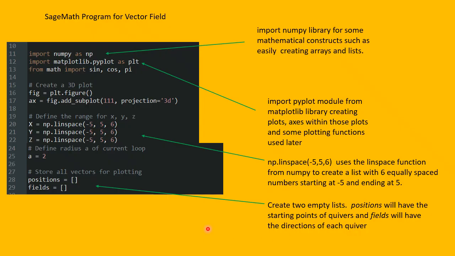So these will be multi-dimensional, and the fields is actually mathematically going to tell us what the vectors are, but they're going to be starting at certain points in space, and the points in space where these arrows or quivers start are going to be in this list positions.